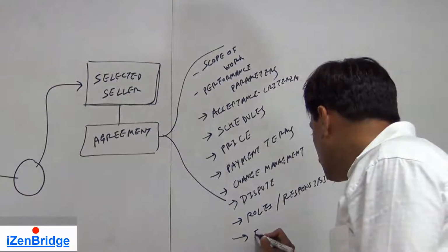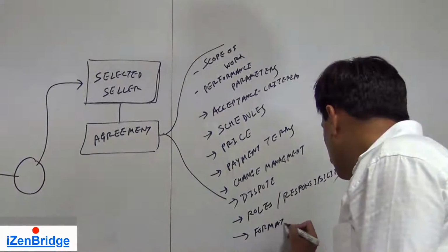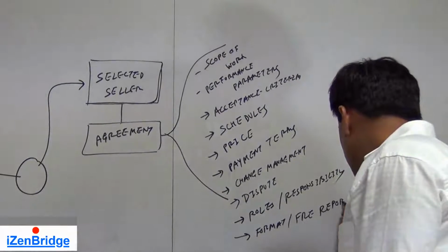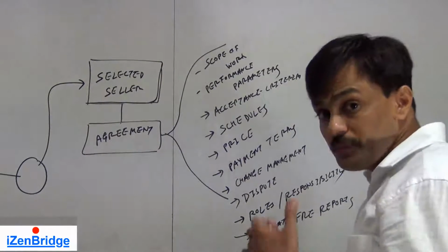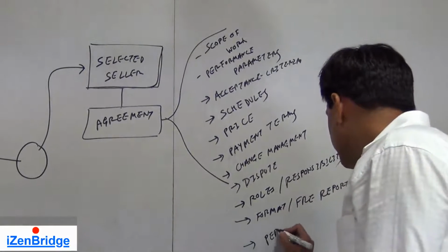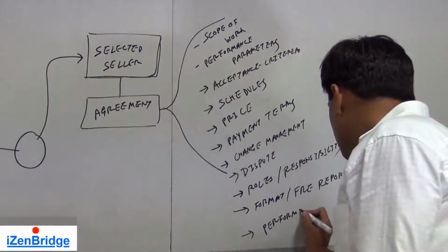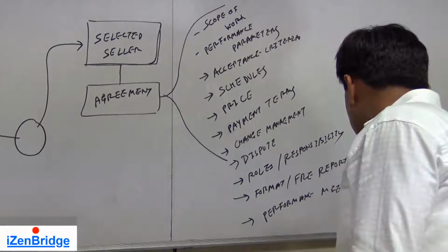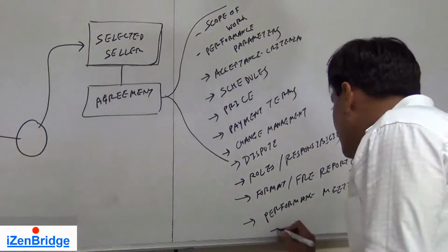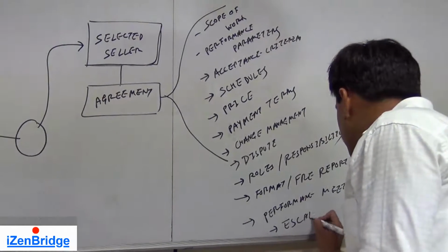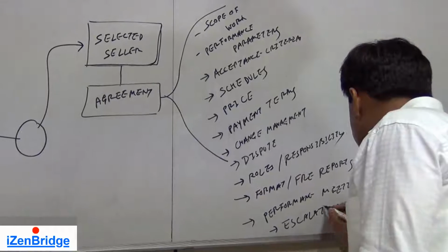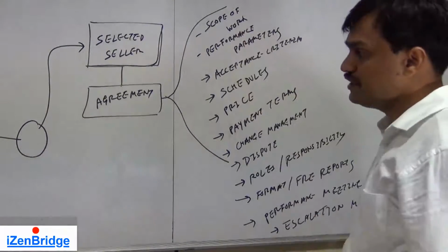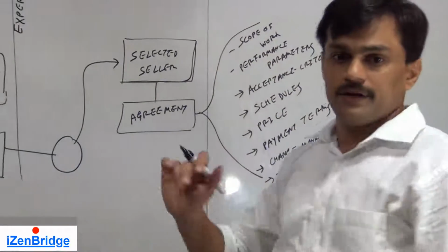So format, frequency of report, performance review meeting frequencies and responsibility. Meeting frequency, escalation mechanism, so all these kinds of details can come in an agreement.